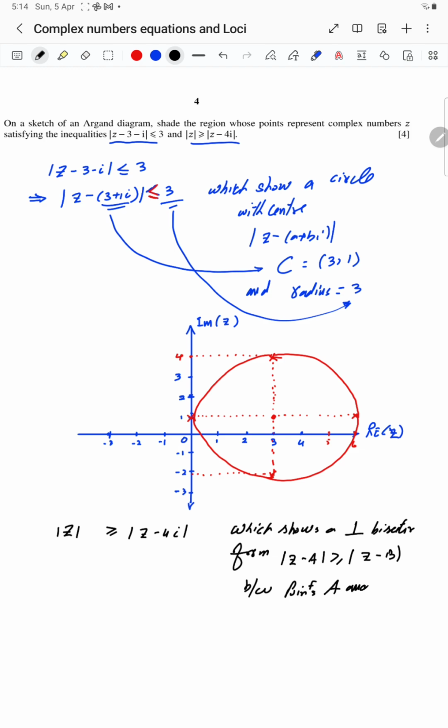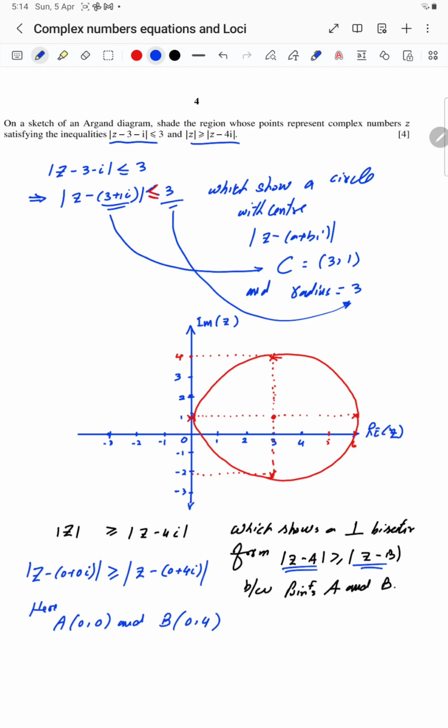So first check what a and b are here. I can write modulus of z minus (0 plus 0i) greater than or equal to modulus of z minus (0 plus 4i). By comparing this with the rule, I can say one point a is (0, 0) and the other point b is (0, 4).